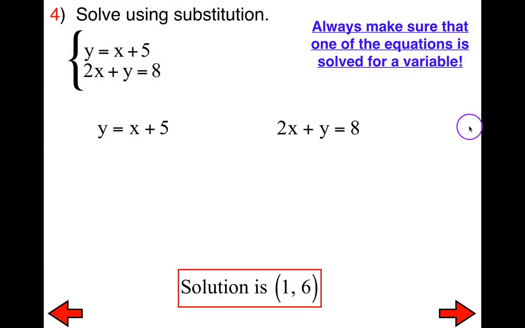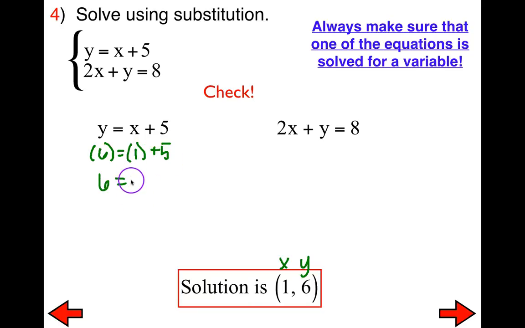Let's remind ourselves that the x values are 1 and the y values are 6. So here, y equals 6 equals x, which is 1, plus 5. So I'm left with 6 equals 1 plus 5, which is 6. So this one checks out.